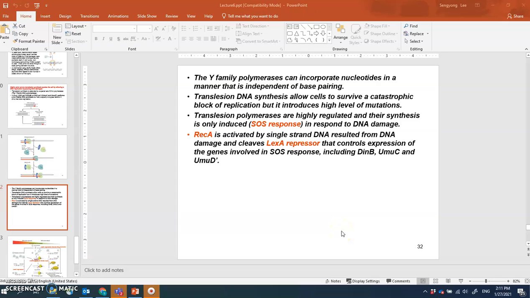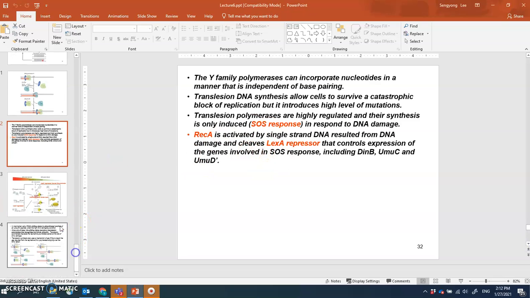If we have a lot of brand new genes through these mutations, out of those newly mutated genes there may be some beneficial phenotype which may help these cells cope with that stressful condition, and they may be better adapted and survive better under this stressful condition. So that's the benefit of introducing a bunch of new mutations during this stressful condition. That's how unique or neat this system is.